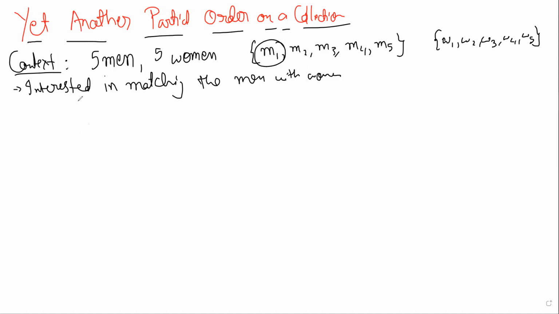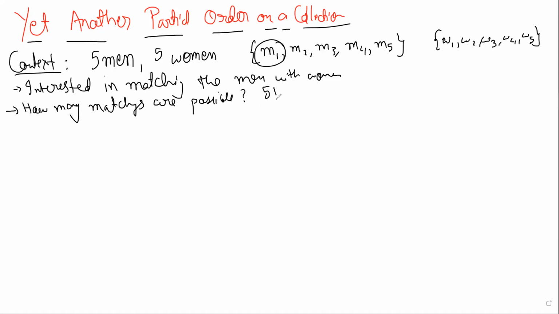If there are no other conditions, how many matchings are possible? Simple, right?